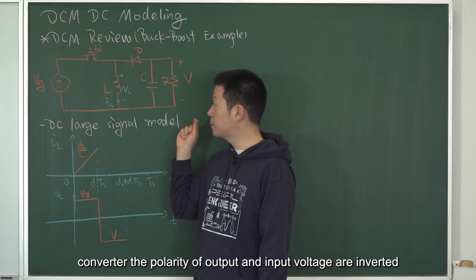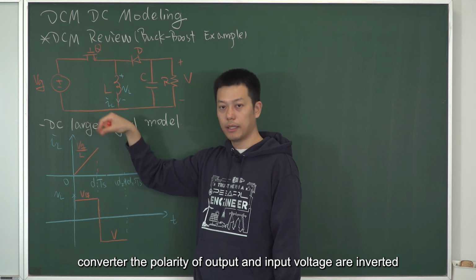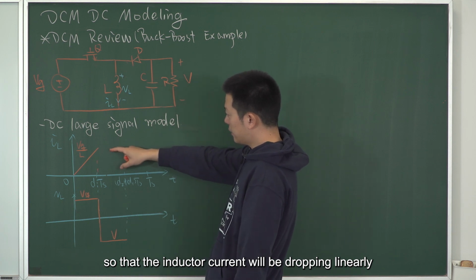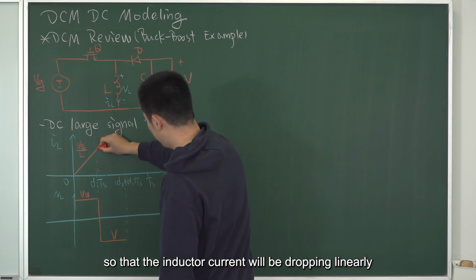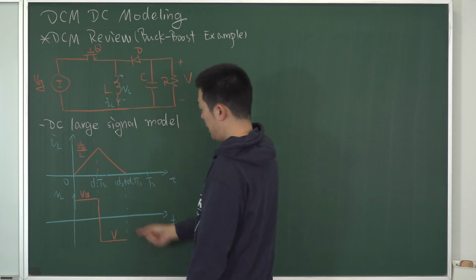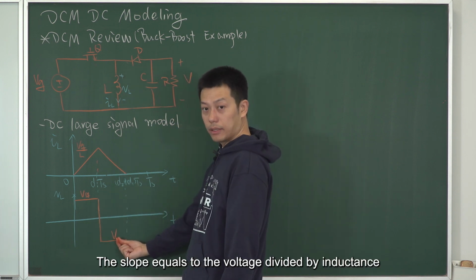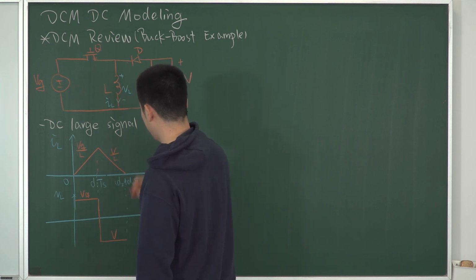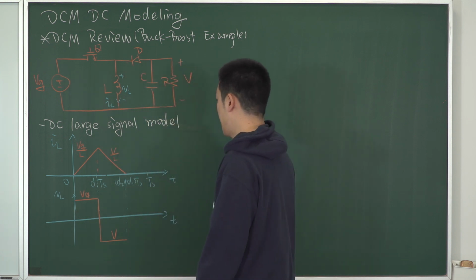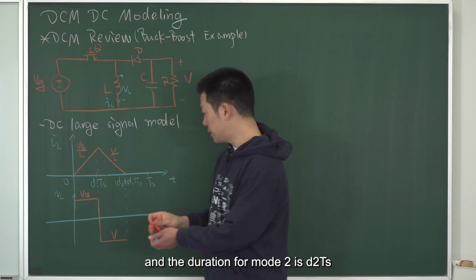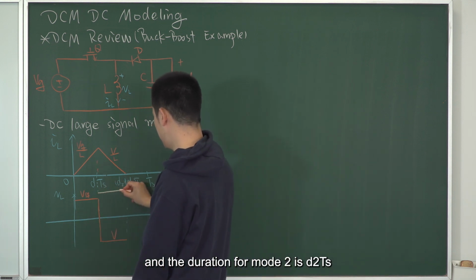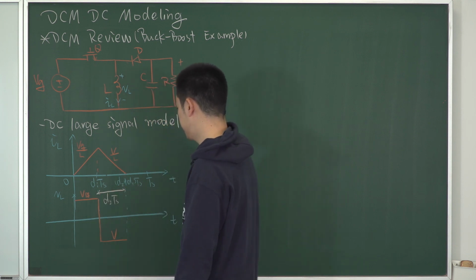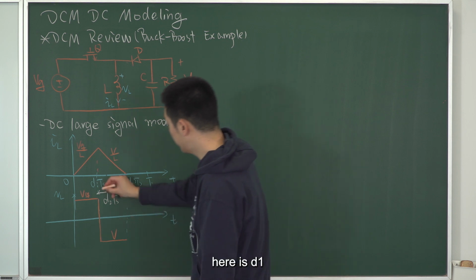The polarities of output and input voltage are inverted, so the inductor current will be dropping linearly. The slope equals the voltage divided by inductance. The duration for mode 2 is D2 TS. Here is D1, right?